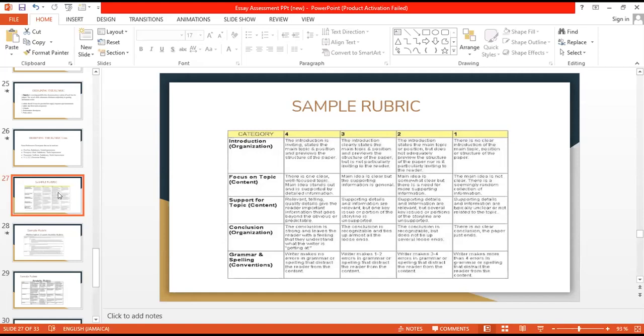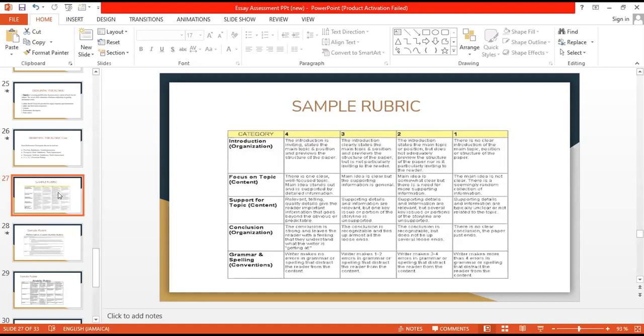Picking one more of these categories, let me go to number 3. Number 3 says support for topic, which focuses on the content of the essay. So, writing on each main point that was given in the thesis statement, how well was it supported in the body of the essay, in developing the essay?